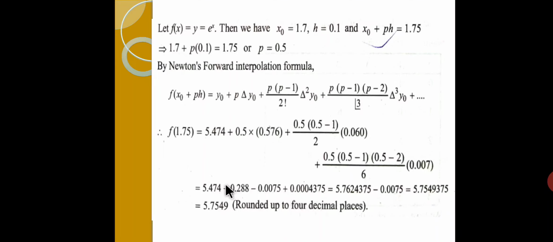We simplify these values and get 5.7549375. Rounded to 4 decimals, we get 5.7549. This is our required value for 1.75.